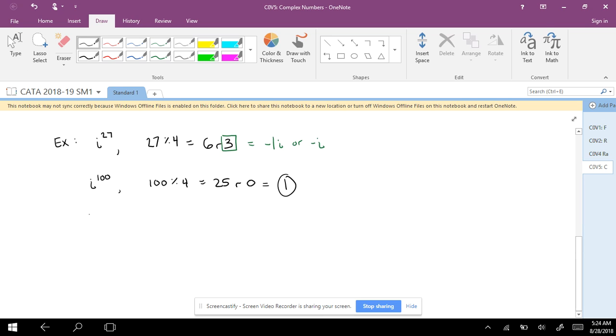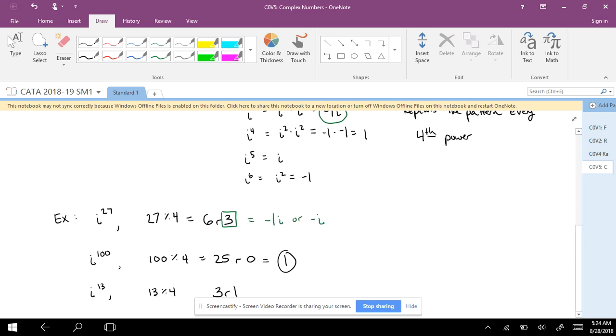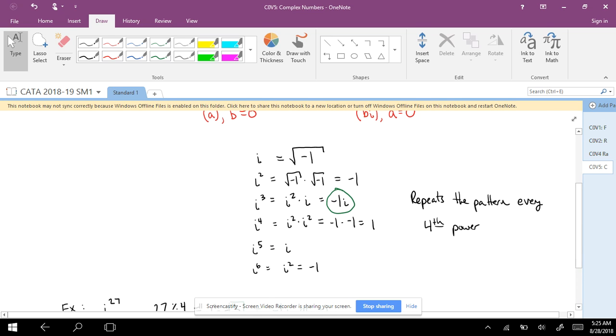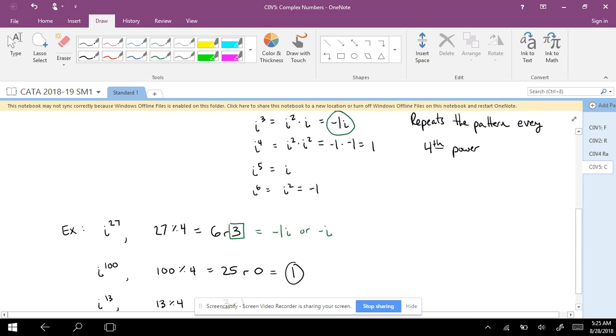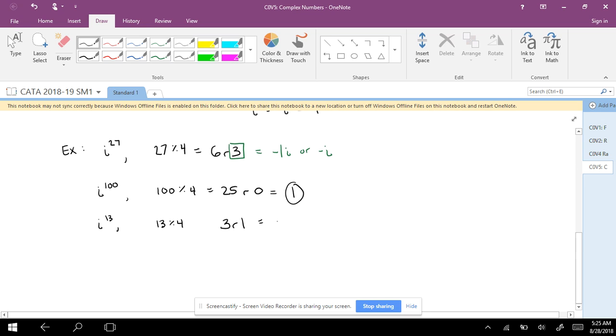And then if we do one more example, i to the 13th, we're going to do 13 divided by 4. 4 goes into 13 3 complete times with 1 left over. So that tells me it goes to i to the first power. So this should just equal regular i.